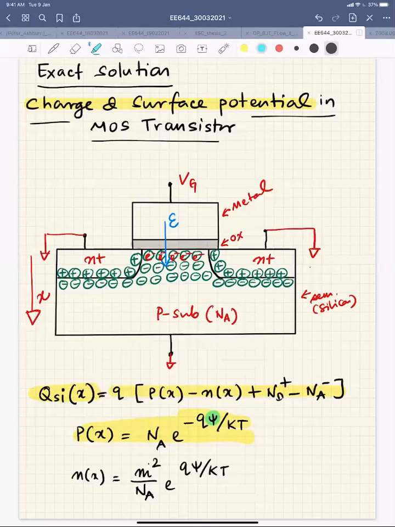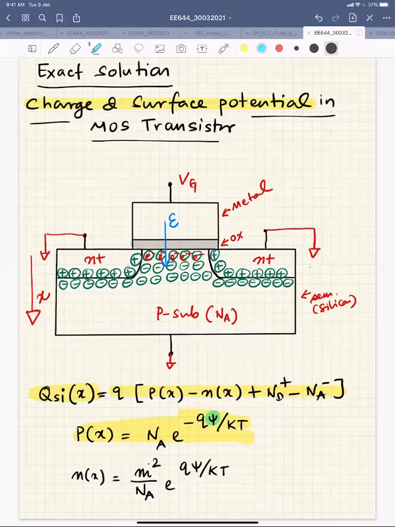So the number of holes as a function of x is Na, the number of holes in the beginning when no voltage is applied, times e to the minus q psi by kT. We'll only have more holes if you apply negative Vg, that means if the potential is negative. That's why, if psi s is negative, your Px will increase.